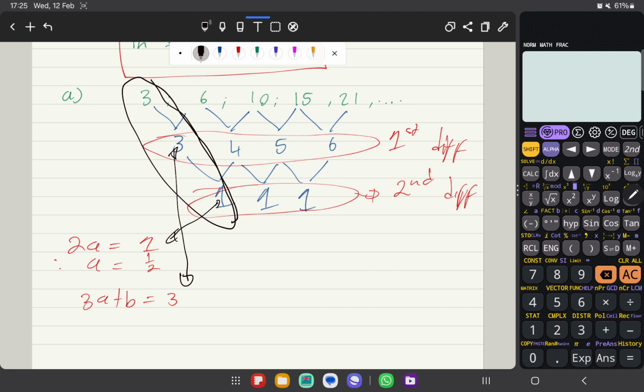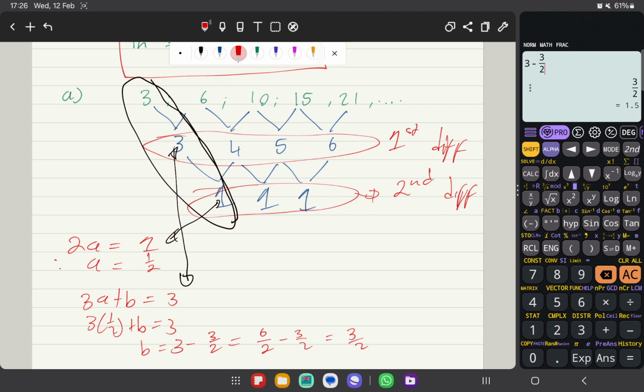So here I have 3 times 1 over 2 plus b equals 3. Now b equals 3 minus 3 over 2, which is 6 over 2 minus 3 over 2. That will be 3 over 2.